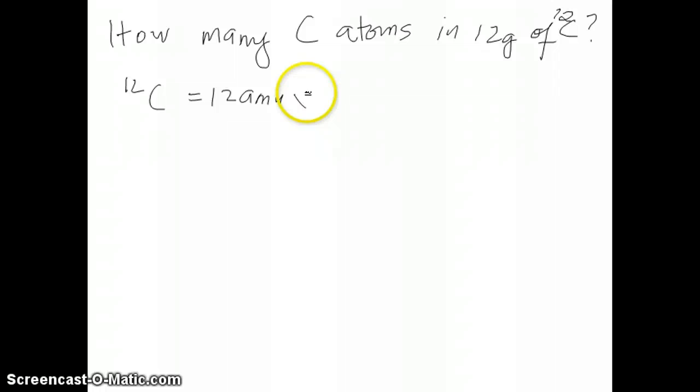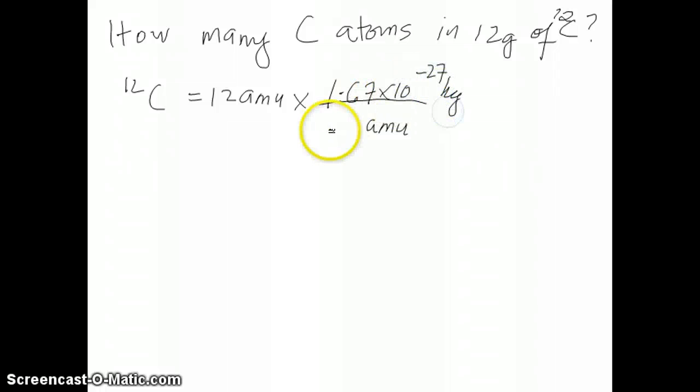And remember that each AMU is equal to the mass of a proton, and the mass of a proton is 1.67 times 10 to the minus 27 kilogram. Or you can also convert this to gram, but right now we'll just do it in kilograms. So the answer we get here in terms of kilogram is 2 times 10 to the minus 26 kilogram.